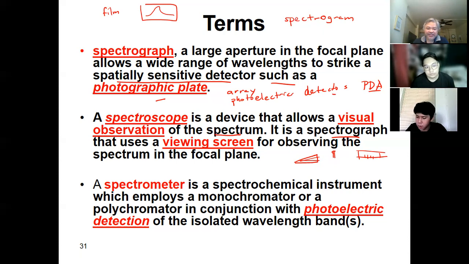It is a spectrograph that uses a viewing screen for observing the spectrum in a focal point. So we could say this is more advanced than a spectrograph. Now, what is a spectrogram?